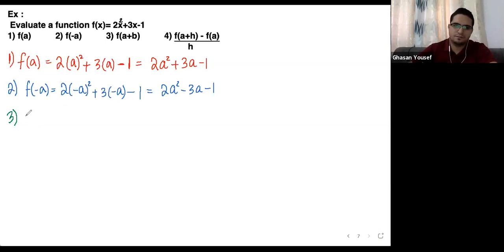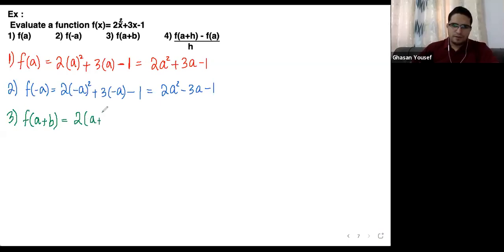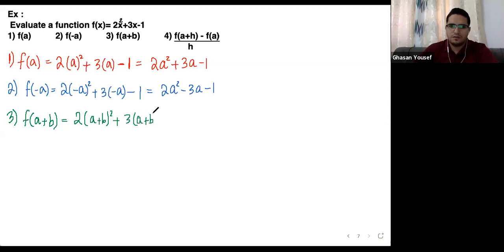For the third one, f of a plus b. Just plug inside the function. 2 times a plus b squared plus 3 times a plus b minus 1. How can we simplify this?